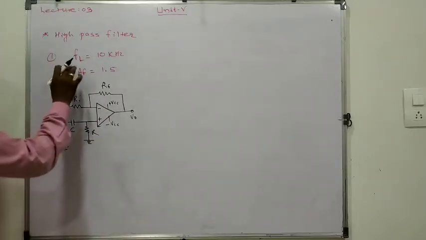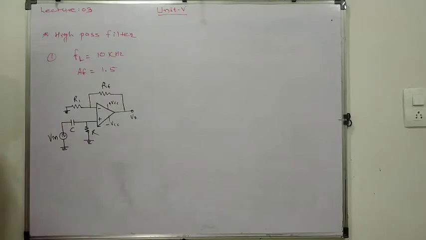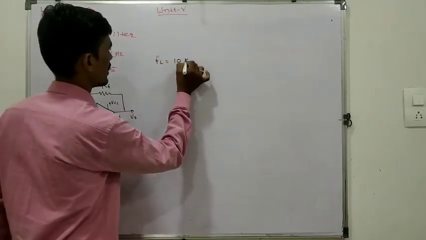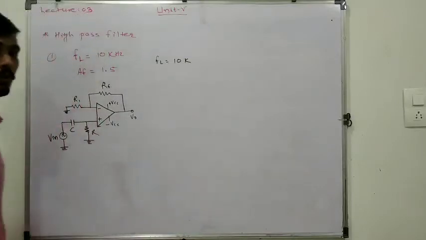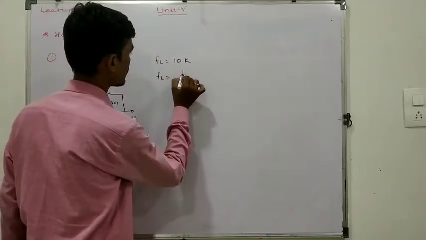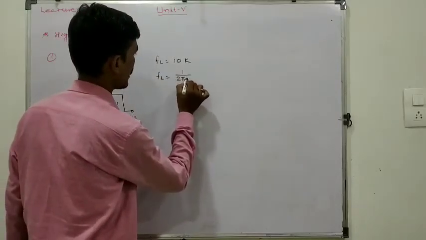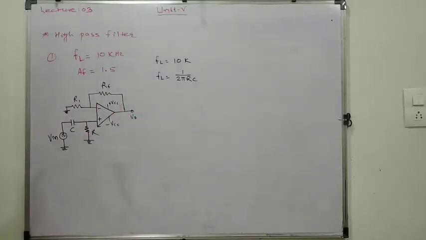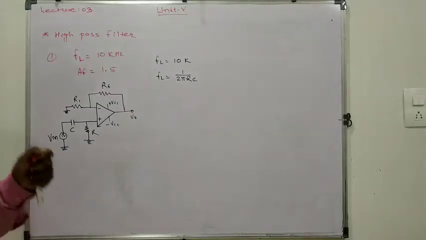Now the first thing given is FL, which is 10 kHz. For the first order high pass Butterworth filter, we know the formula: FL is equal to 1 upon 2 pi RC. So let us assume the value of C. C can be assumed between 0.1 microfarad and 0.001 microfarad.